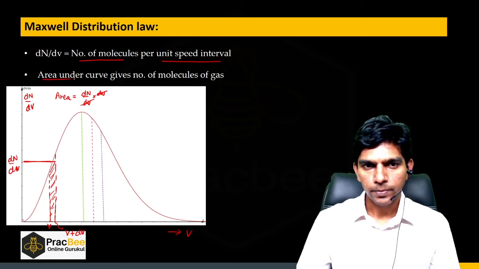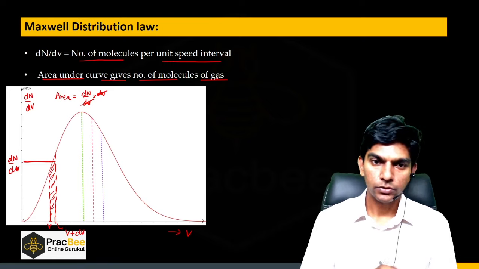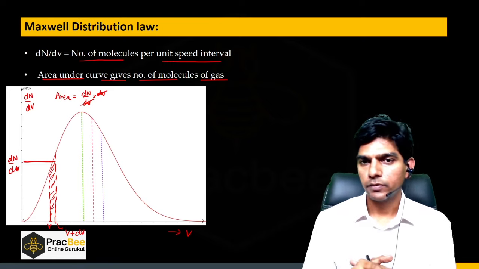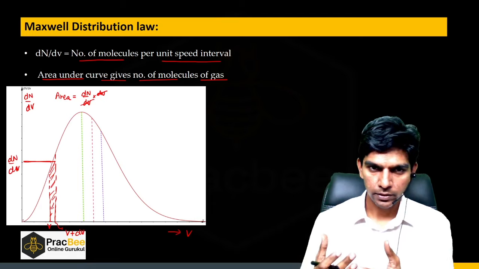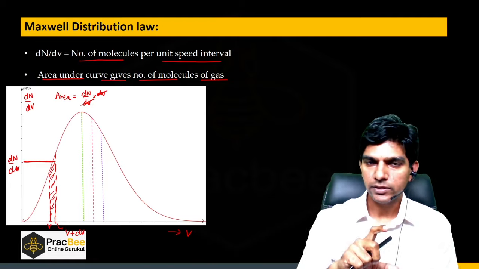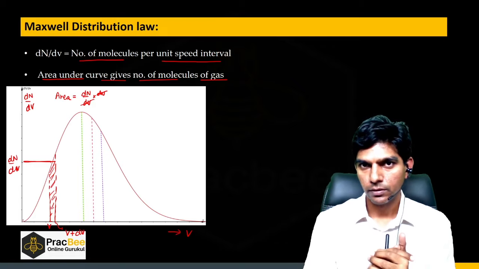So the area under the curve gives the number of molecules of the gas. Do remember this: in Maxwell's distribution law, the area under the curve is the total number of molecules enclosed in a vessel. The Maxwell distribution law is not exactly given in the syllabus, but there were questions from this section in the past.